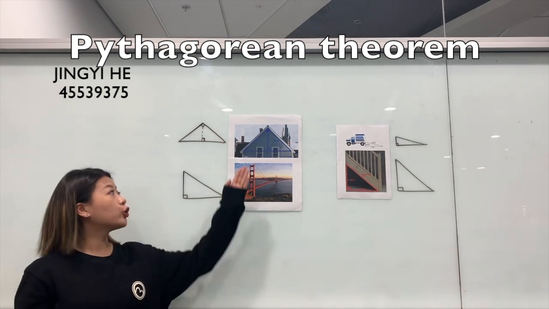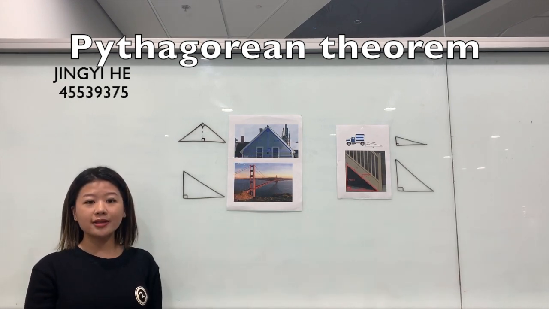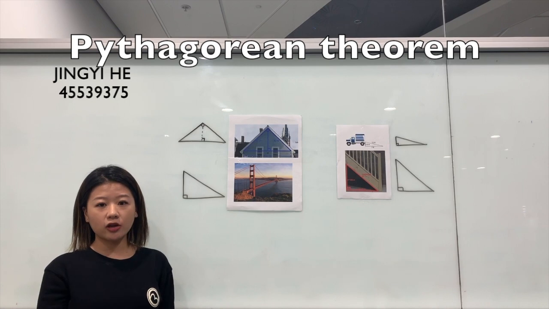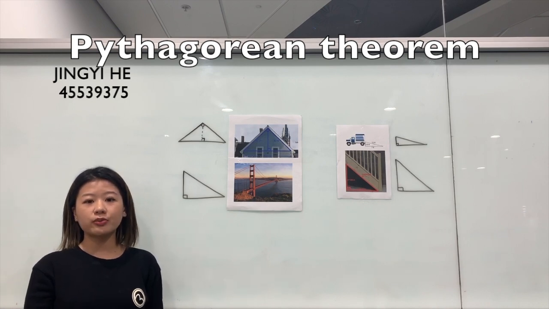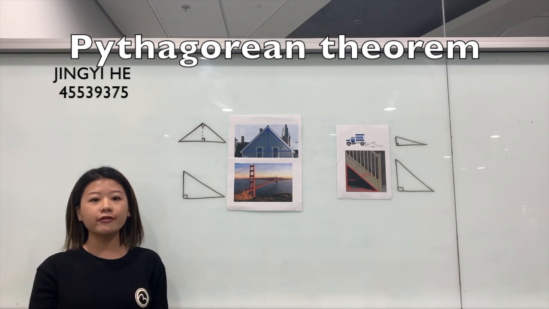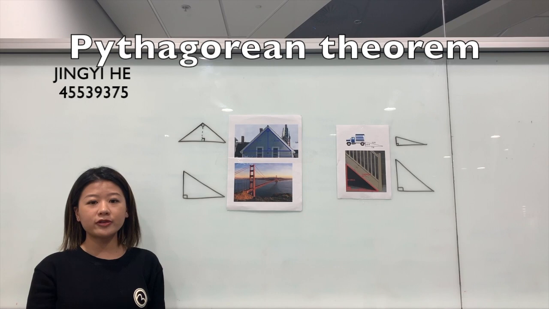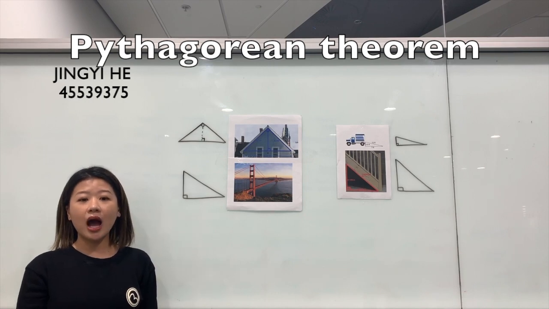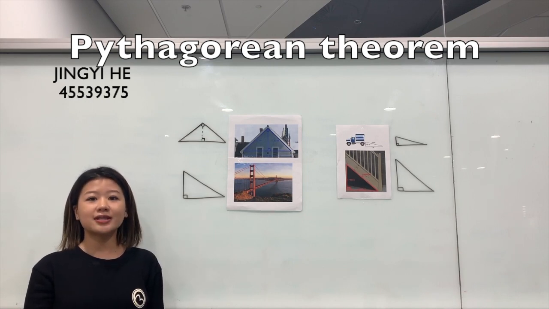Taking a building's roof as an example, the roof is a big right angle triangle, made of two small right angle triangles. By measuring and calculating, we can figure out the length of the hypotenuse, which is the length of the roof's both sides. And then, how much material we are going to use is simplified.